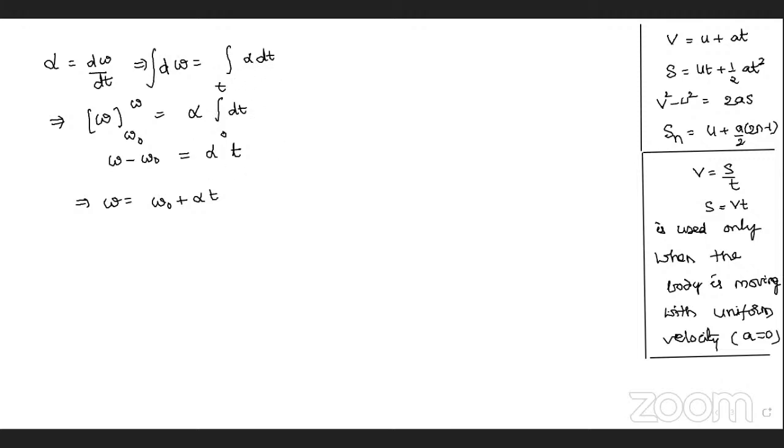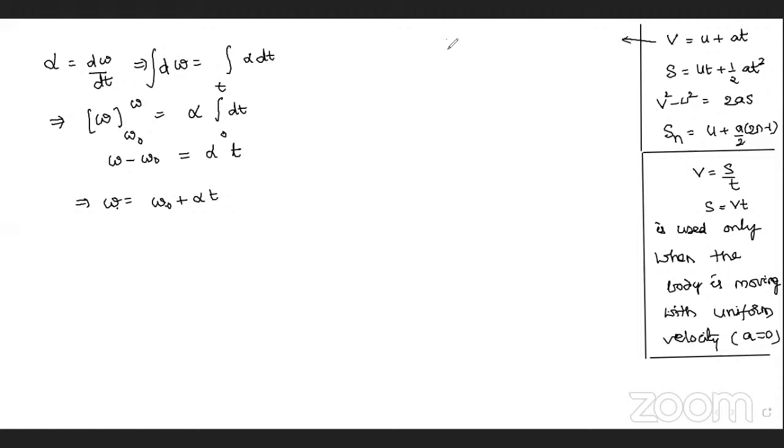Such type of equations are exactly identical to these. In place of V, I got omega. In place of U, I got omega naught. In place of A, I got alpha. How do you get that, sir? Simple. In a short way, try to understand from here.